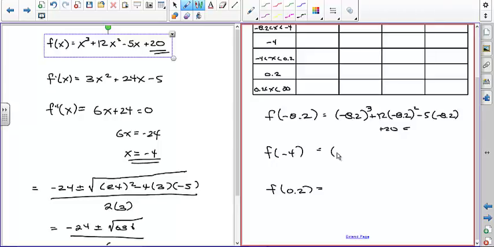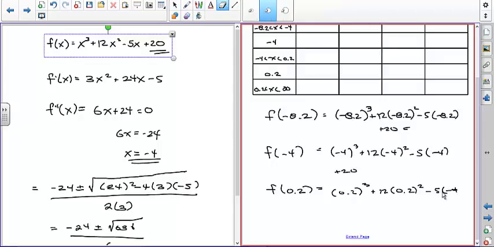And the next one would be negative 4 cubed plus 12 times negative 4 squared minus 5 times negative 4 plus 20. And the final one is 0.2 cubed plus 12 times 0.2 squared minus 5 times 0.2 plus 20. Okay, so we need to figure out what those are.